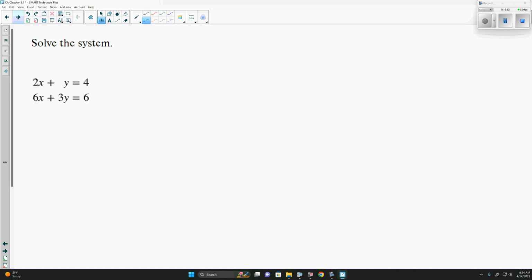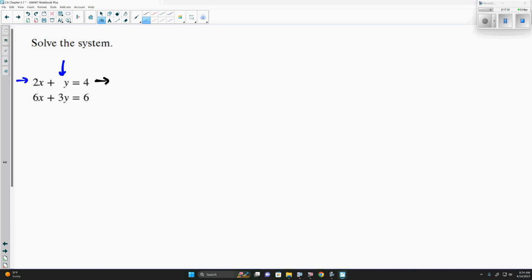Now, if we look at this next one, solve this system, there's two ways we can go about it. We could solve it by substitution or elimination. The reason I say substitution is because if we look at this first equation, the y is already by itself. We don't have a number in front of it. So using substitution would actually be quite easy.